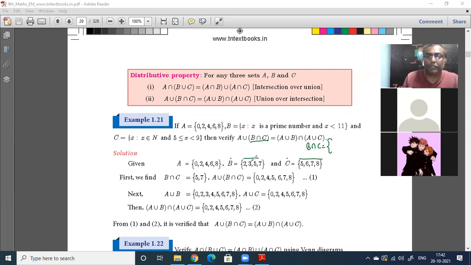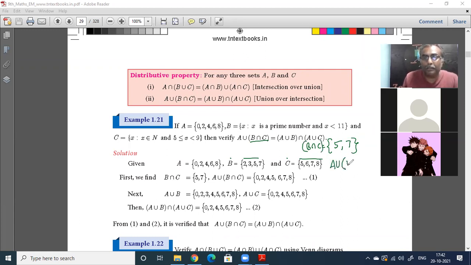Anyone tell me, what is common to B and C? 7, 5, Uncle. 5, okay. 2 and 3 are not there. 7, okay. Then that's all. So this is B intersection C.